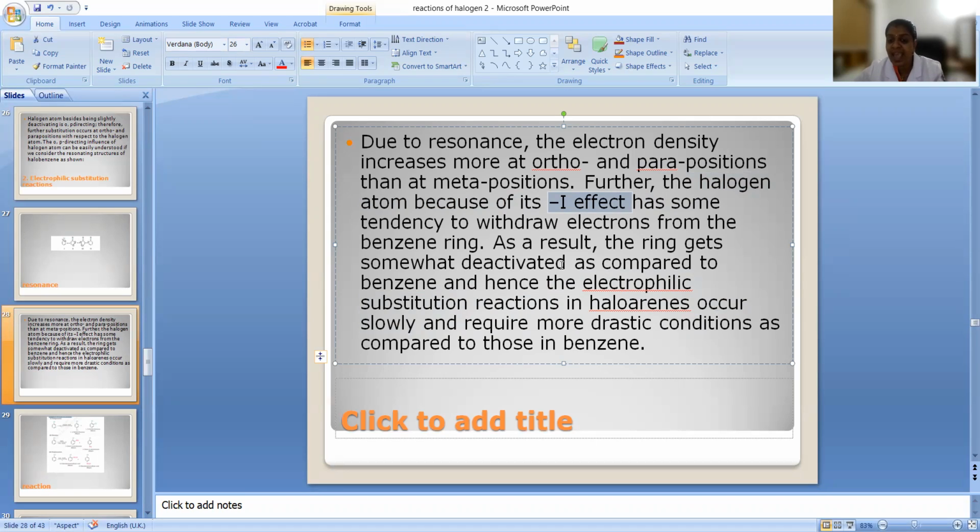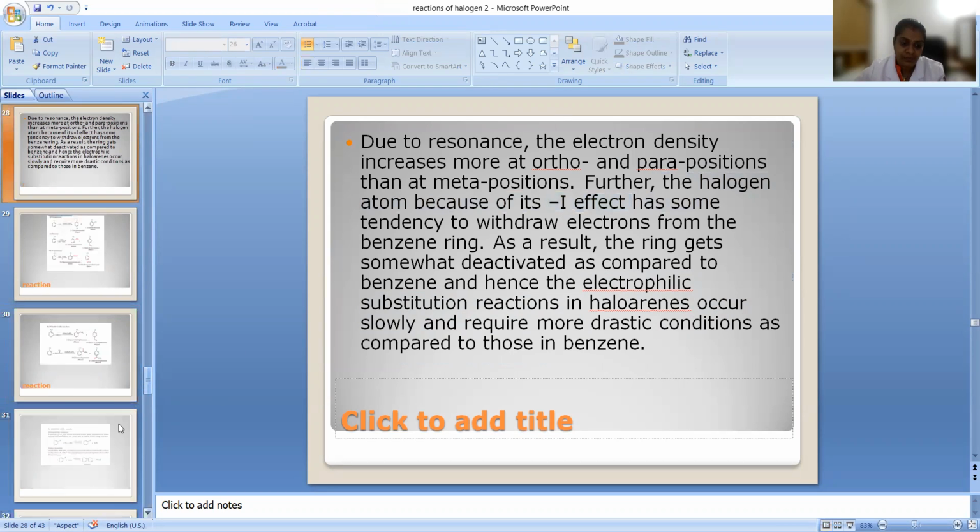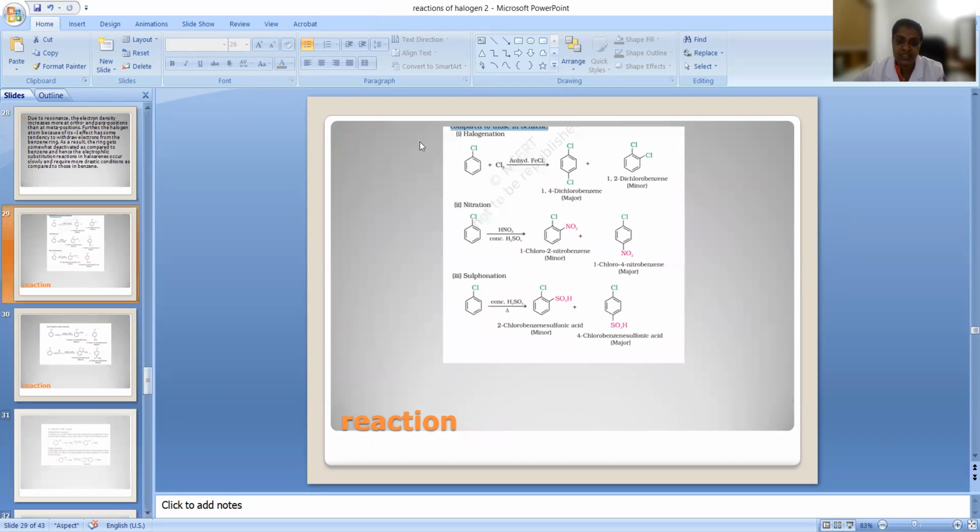So it will deactivate the ring. Already the benzene ring is electron rich, but the chlorine atom has a tendency to withdraw electrons towards itself. That is the reason why it is called a ring deactivating group. Now let us see some of the reactions.